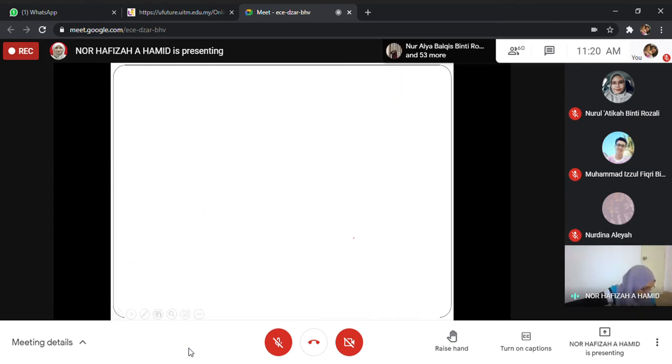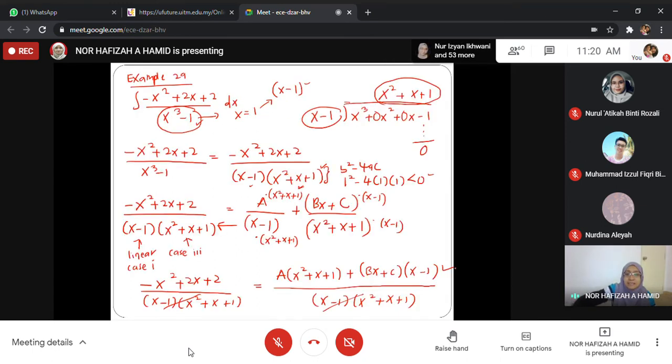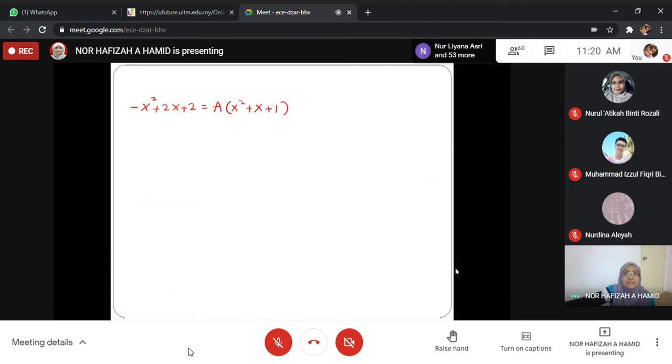Okay, so saya copy balik yang tadi. You have for the numerator negative x square plus 2x plus 2 equal to A times x square plus x plus 1, plus Bx plus C times x minus 1.